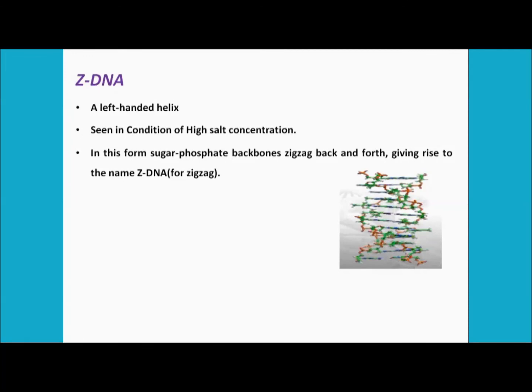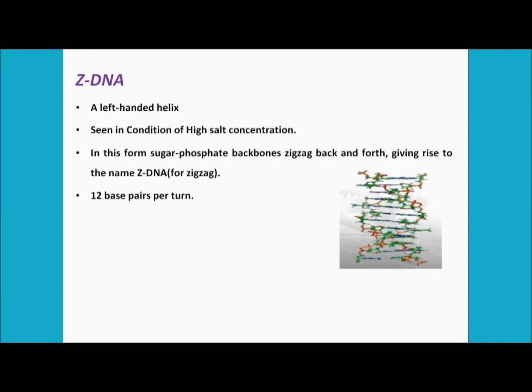In this form, the sugar phosphate backbones, which earlier were linearly arranged, will zigzag back and forth, giving rise to the name Z DNA, or you can say zigzag DNA, right?